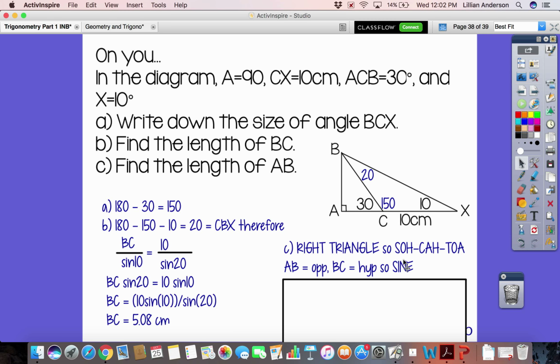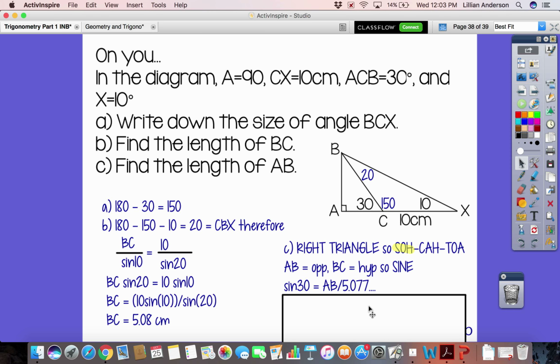So we're going to use sine out of the SOHCAHTOA, because we're looking for the opposite side and we have the hypotenuse. When we set it up, it's going to be sine of 30 degrees equals AB over the 5.08 number that we still have in our calculator. That's why I put 5.077 repeating, because if we have to use an answer for another part of the question, we do not want to use the rounded answer.